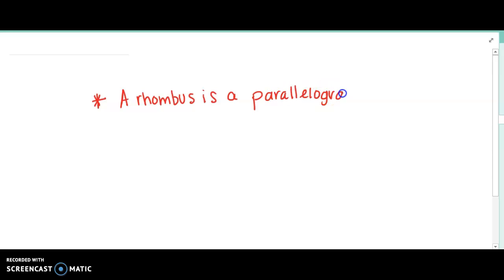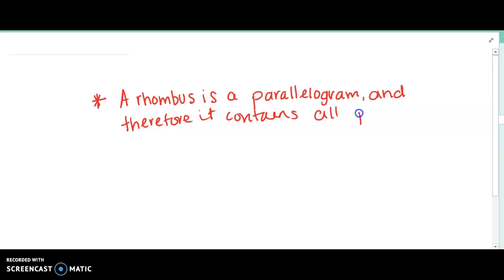All right, so if you haven't done it already, paste the original rhombus page with the definition and the theorems on it, either below it or under it in your interactive student notebook, and a lot of you have already done this, but make sure you write: a rhombus is a parallelogram, and therefore it contains all properties of a parallelogram.